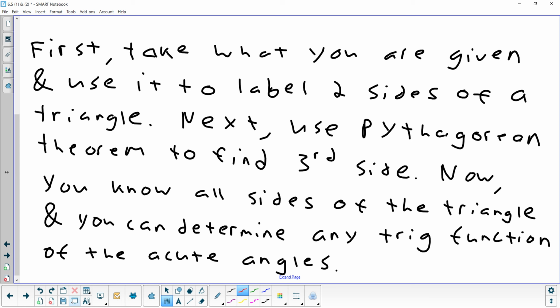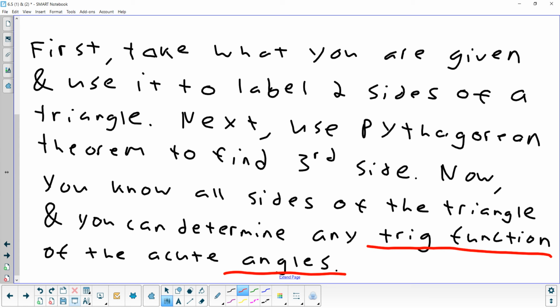Now, again, just to be clear about what we're doing, we are finding the trig functions of the angles. We are not finding the angle. We could, but we're not. That'll be tomorrow. You're finding the trig function of the angle, not the angle itself.